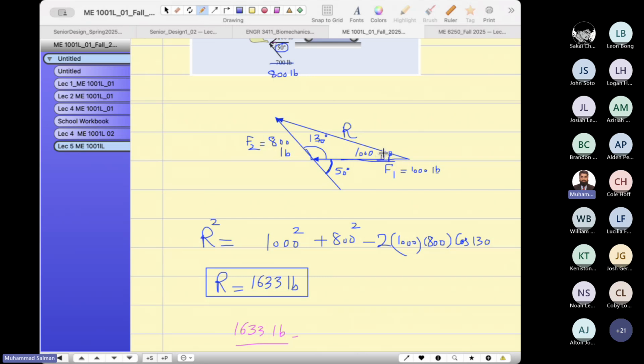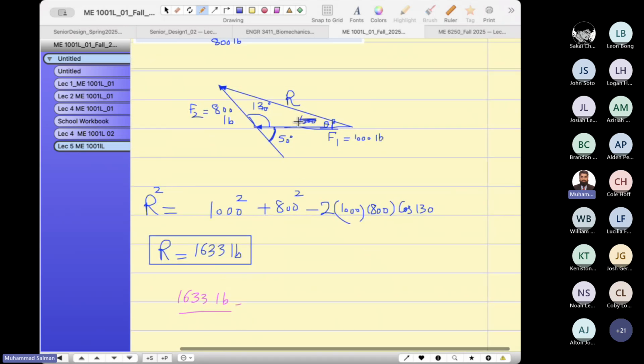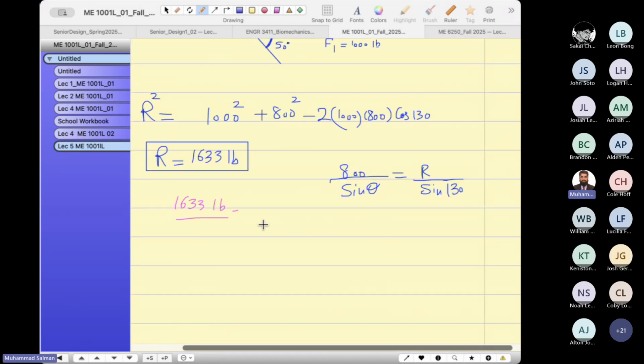Let's find this angle using the law of sine. 800 is opposite the angle theta, so sine theta over 800 equals sine 130 over R, since 130 is the angle opposite R. Now you will open your calculators and let's do the math.